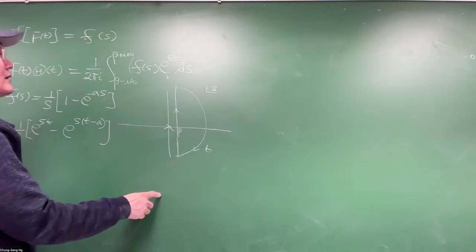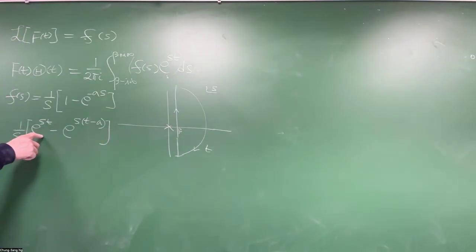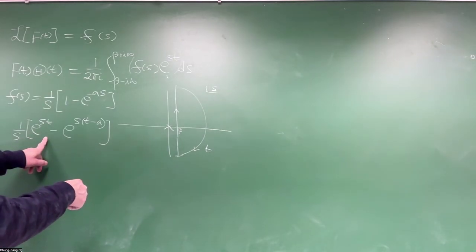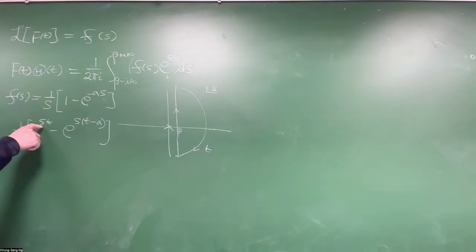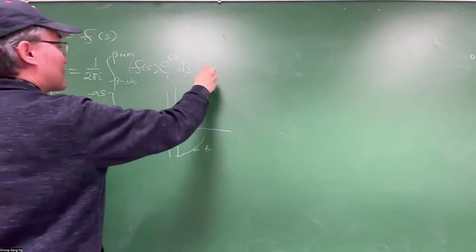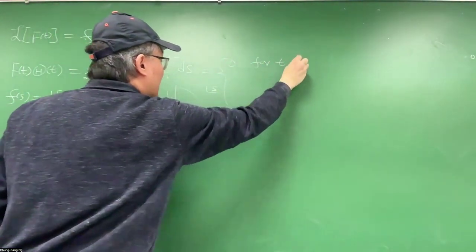And now to the other case. When s is really large, both are positive. You have to figure out that the integral is 0 for negative t.